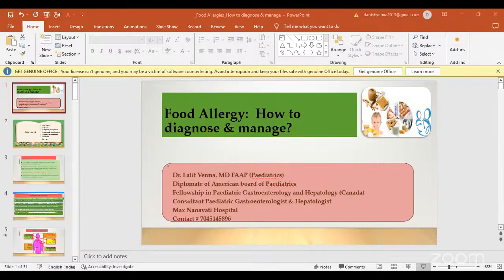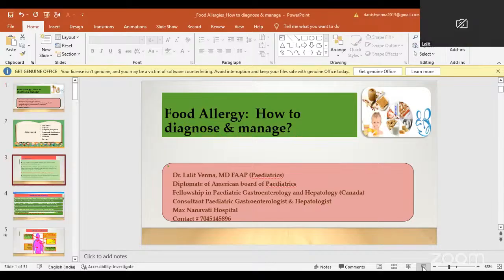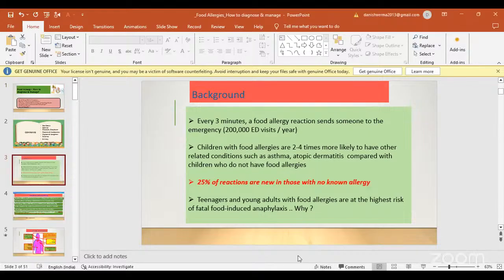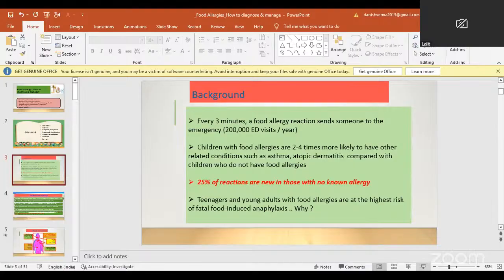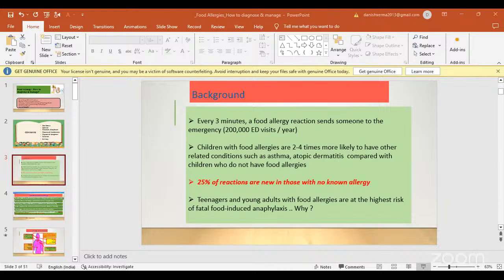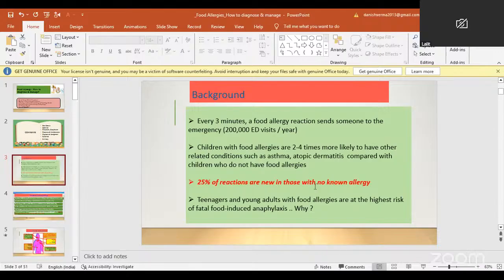Just a minute, Lalit. Your slides are not moving and it's not full screen also. Yeah, now it's moving, but it's not full screen. That's okay, you can carry on.